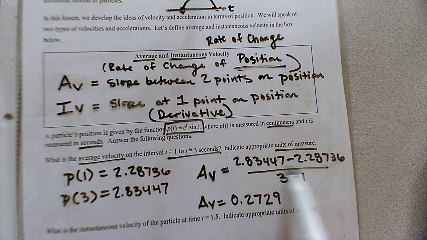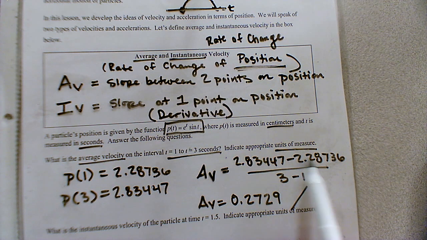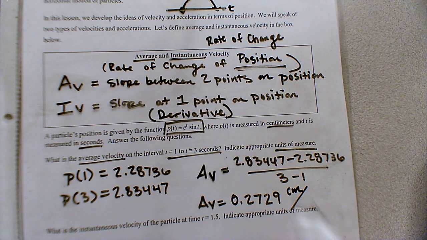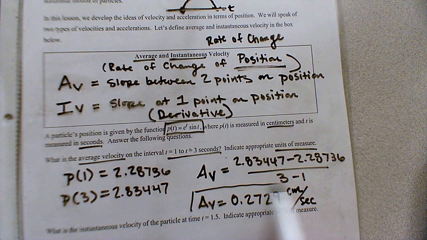So we got to think about what did these two numbers represent in terms of units, and then what did these two numbers represent in terms of units. So these numbers were the y values from position, and position was measured in centimeters. And then these two numbers were our time units, which were seconds. So our average speed, if you will, is this value, centimeters per second.